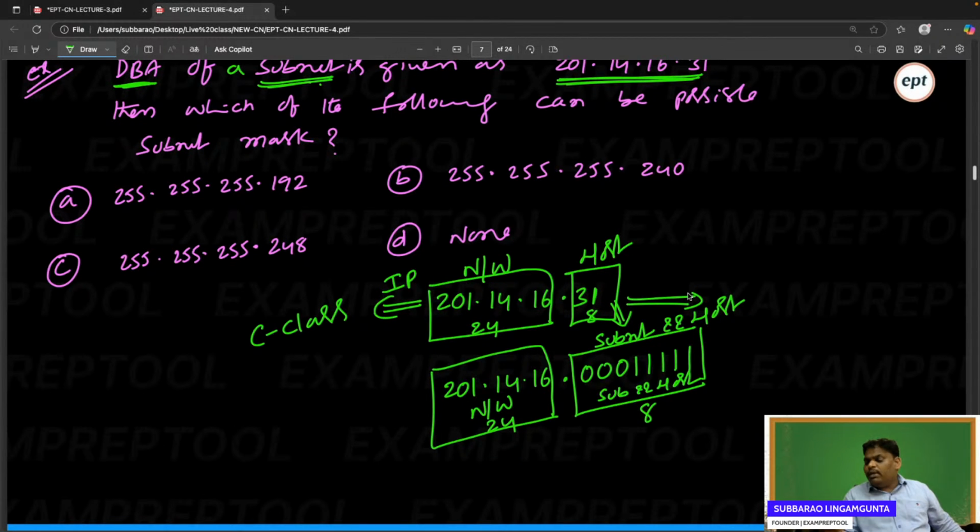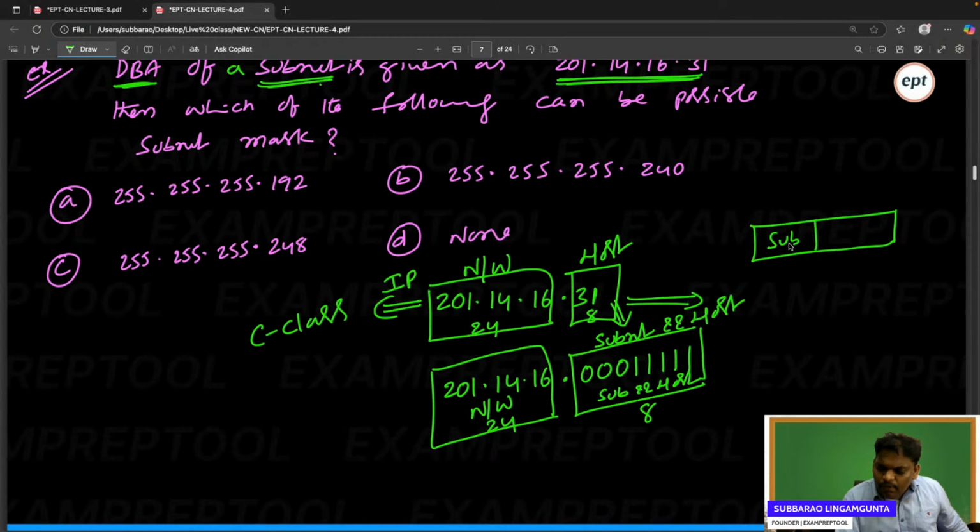The problem is, out of these 8 bits, we don't know how many belong to subnet and how many to host, because nowhere is the number of subnet bits mentioned.